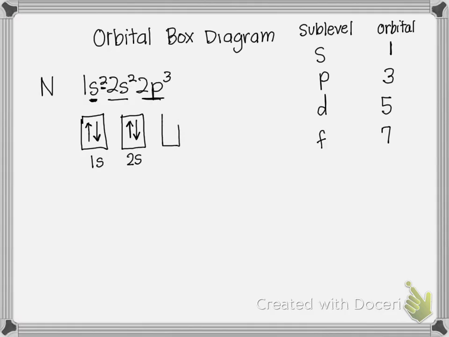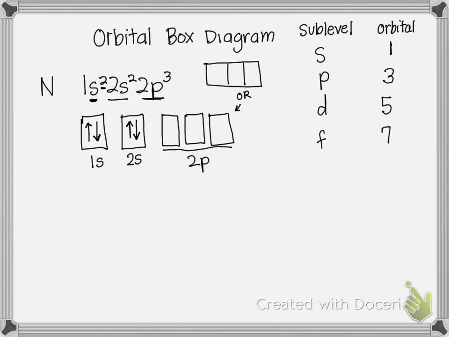Now P's have 3 orbitals, so it's going to have 3 boxes. I have another text that just draws a long rectangle and then does this. And so all of these right here are 2p's, and I have 3 electrons. So the electrons, it's called Hund's rule, H-U-N-D, and they go into empty boxes before they pair up.